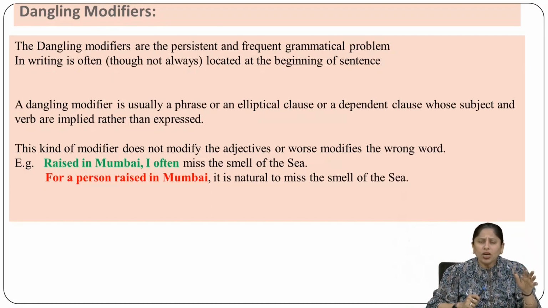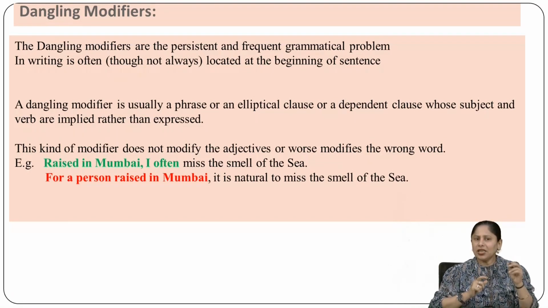Groups of words that contain verbs are known as clauses, and groups of words that contain no verbs are known as phrases. Here, "raised in Mumbai" has a verb in it. That's why it could be known as a dependent clause.